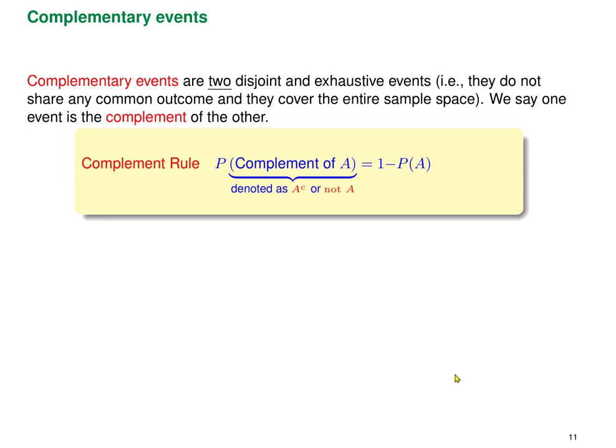We call 2 disjoint and exhaustive events complementary events. That is, complementary events cannot happen at the same time and they cover the entire sample space. We say one event is the complement of the other, sometimes denoted by using the superscript C. By definition of complementary events, a simple but very useful fact is that the probability of the complement of an event is equal to 1 minus the probability of that event itself.